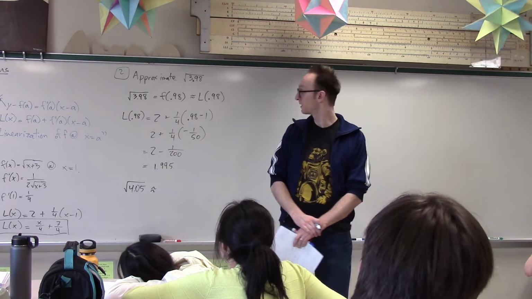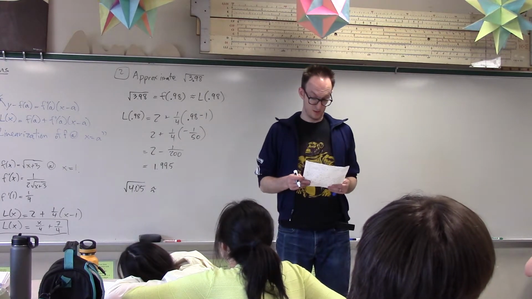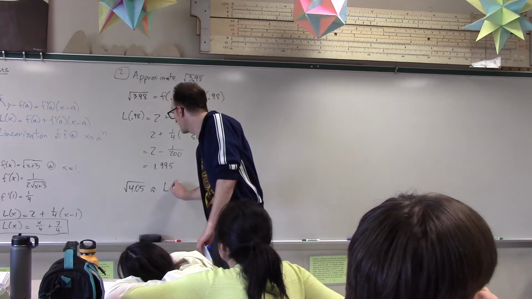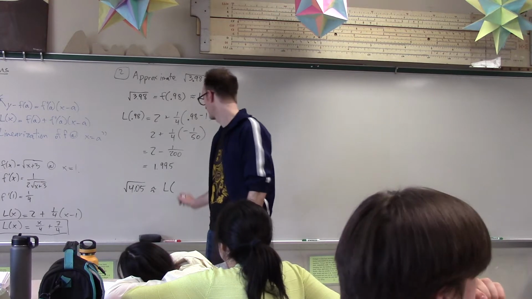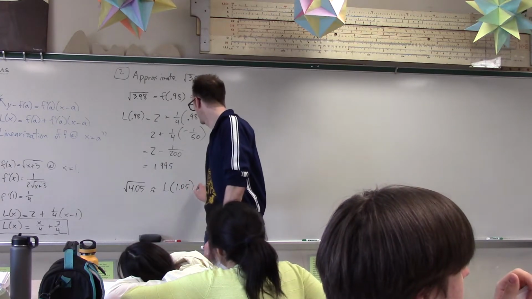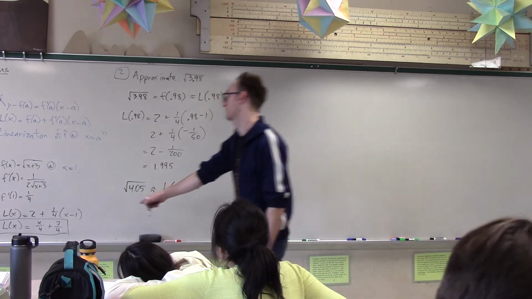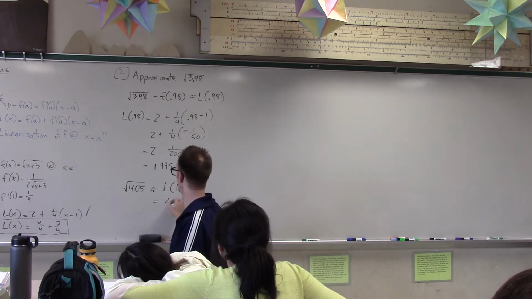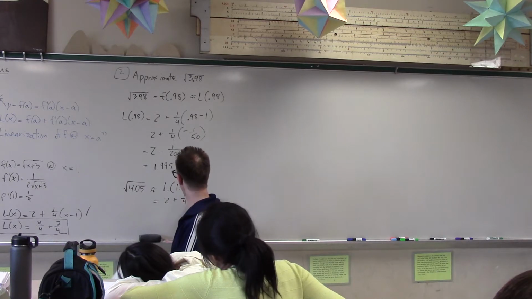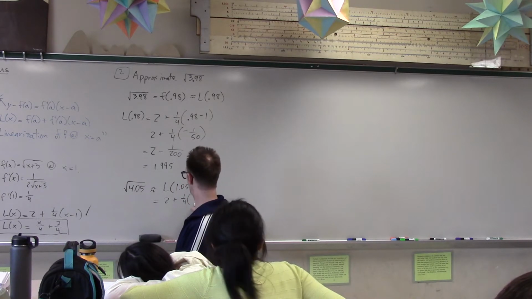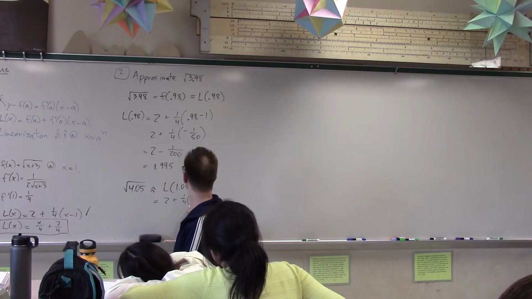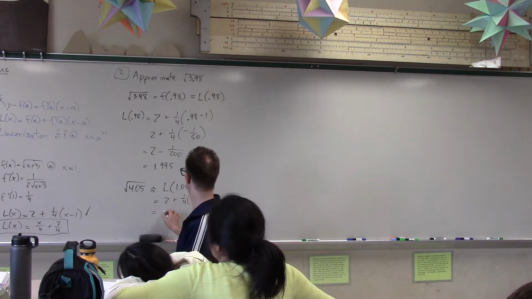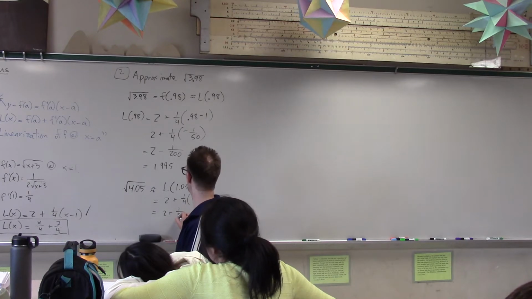Approximately. It would be 1.05, which would be, according to this version, 2 plus 1/4 of 0.05, which is 2 plus 1/80th.